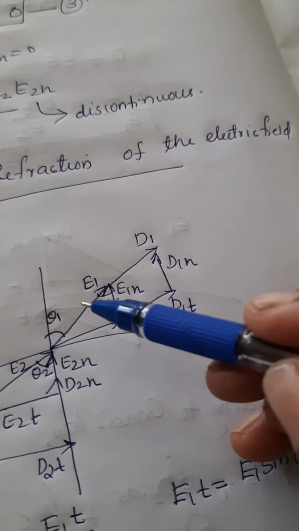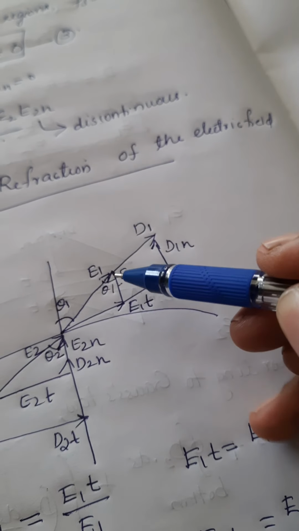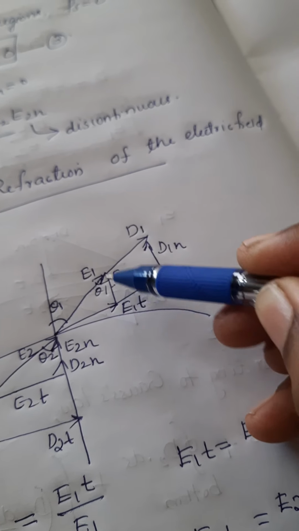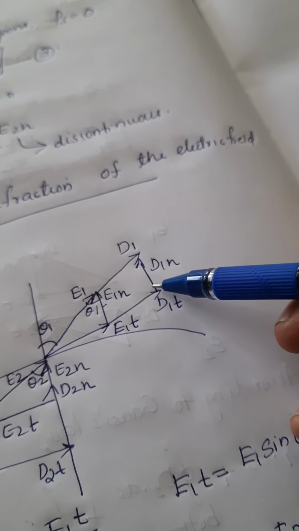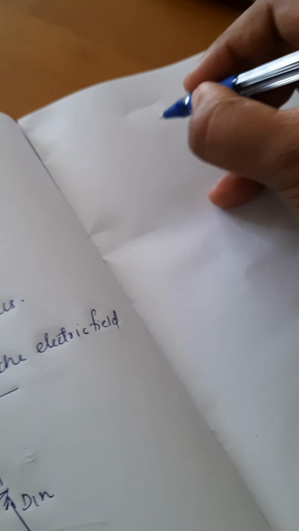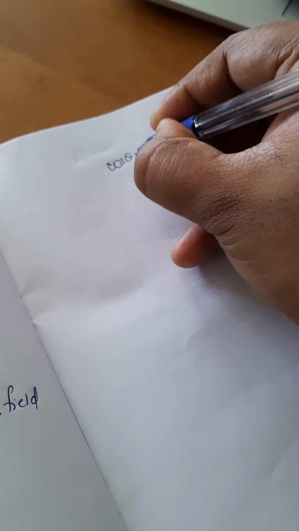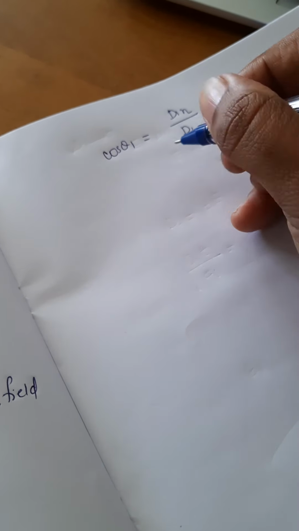Now similarly we take cos of theta 1. What is cos of theta 1? We know that cos of theta 1 is the adjacent side over the hypotenuse. In terms of the flux density, D1n is the adjacent side and the hypotenuse is D1. So we can write cos of theta 1 as D1n by D1, so D1n is equal to D1 cos theta 1.